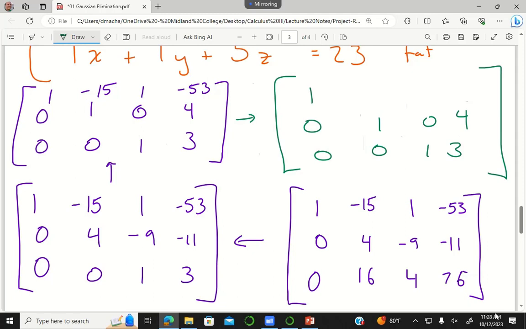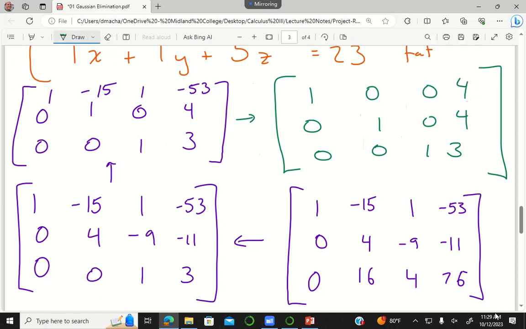So that will be 1, 0, 1, and what's 15 times 4? 60. Negative 53 plus 60 is 7. You can imagine we're almost there. We just have that pesky 1. So let's subtract the third row from the first row. Subtracting the third row from the first row, this is going to be a 0, and that's going to be a 4.